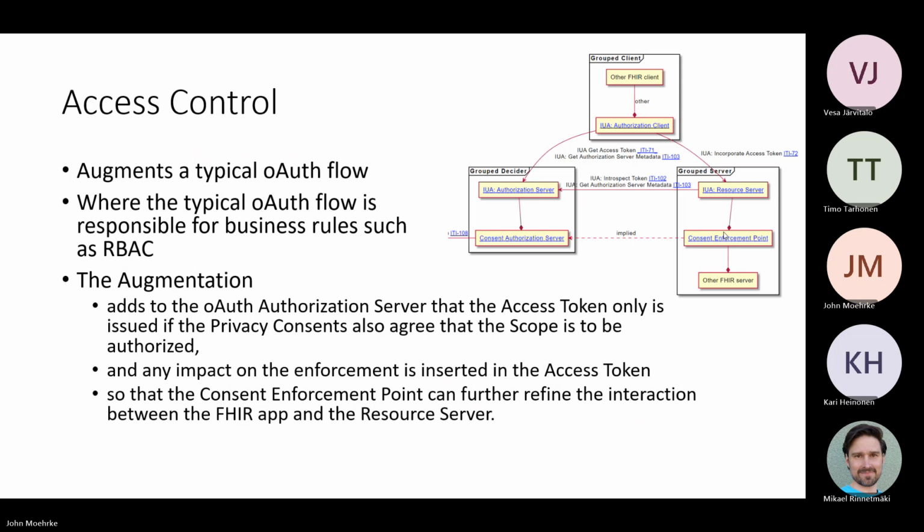But we have this additional little implied dashed line between the consent enforcement point and the consent authorization point, because sometimes there's some residual yes, but, so to speak, that you have to send over to the server to further refine any data that might be released.